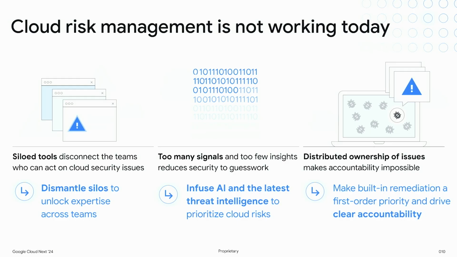First one is this notion of siloed tools. Here, if you think about it, cloud isn't that old, and therefore cloud security isn't that old. So as new types of threats evolve within the cloud space, people will take a new solution and deploy that as a point solution next to all of the other solutions that they've already deployed. If you are an organization of any size, you have a SOC team.